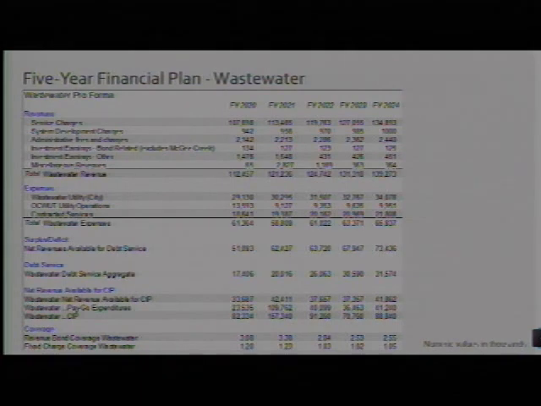Our debt service, similar to what we saw on the water side, we are seeing our debt service increase from $17 million in the current fiscal year to over $31 million by the end of the 5-year period. At the bottom of your screen, again, we're tracking those coverage ratios. We're maintaining 2 times coverage for our debt service and 1 times fixed charge coverage.